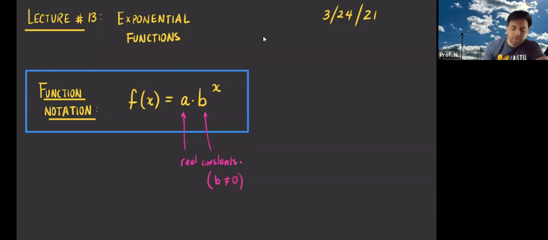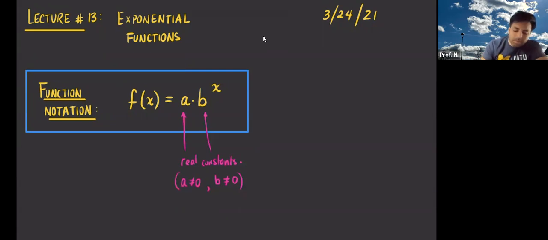It doesn't make sense to have an exponential function whose base is 0. And also a does not equal 0. If you have a equal to 0, then you really don't have any function, you just have the constant function. So normally these are non-zero real constants.